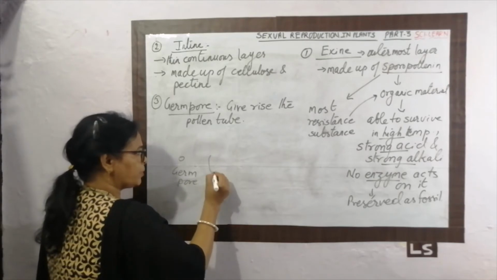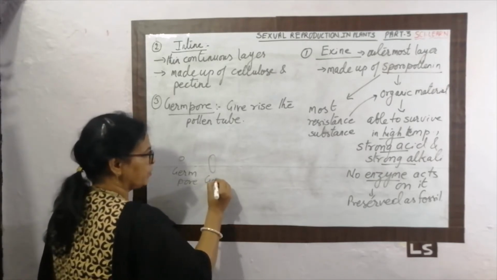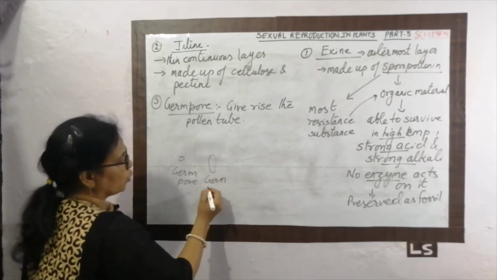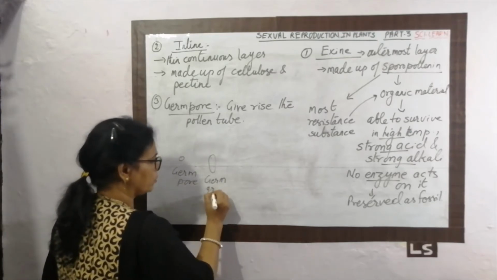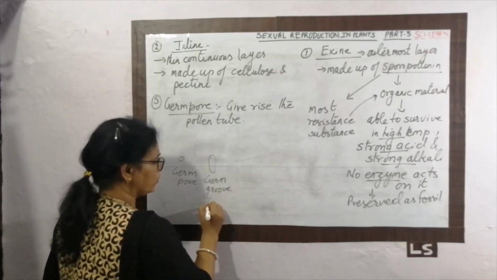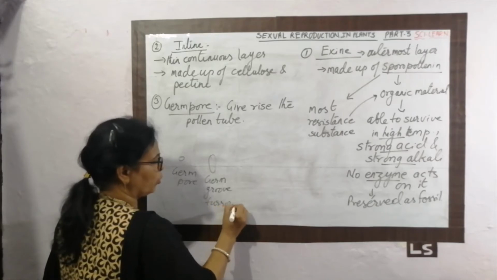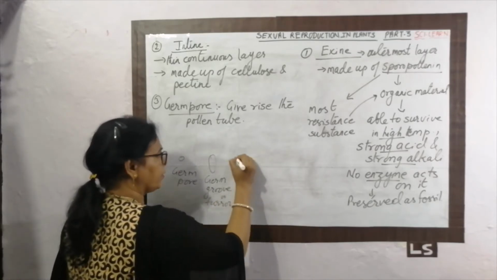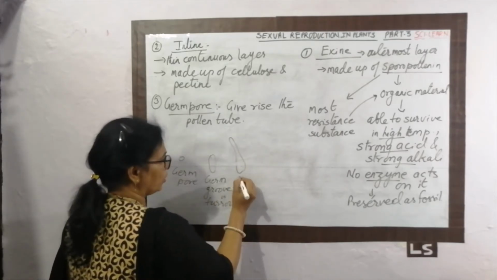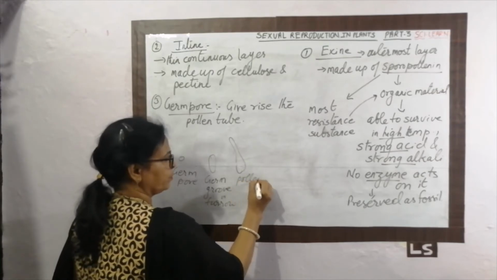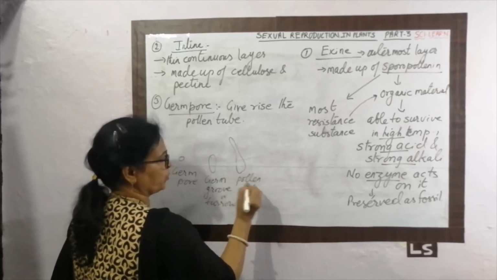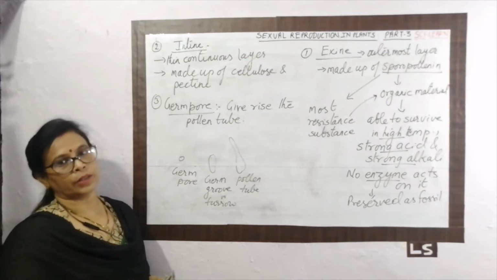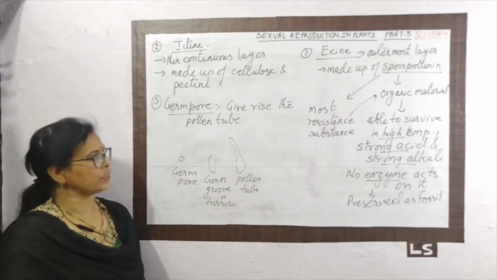It develops like this. This is called the germ groove or furrow, and this further divides into the tube. That is called the pollen tube. That is the importance of the germ pore.